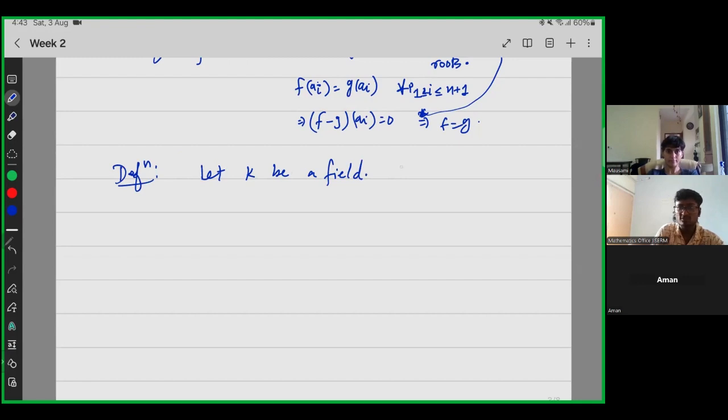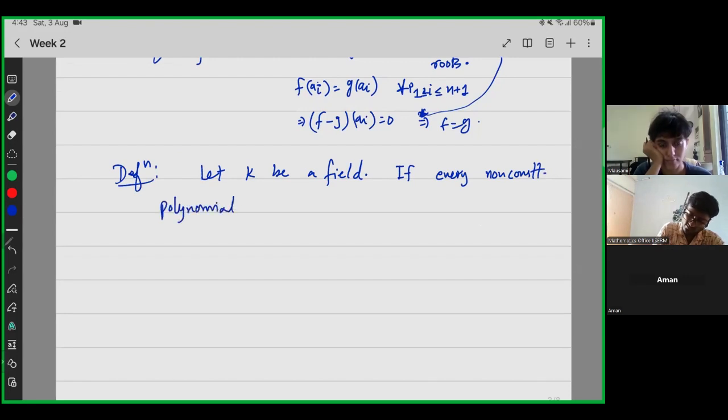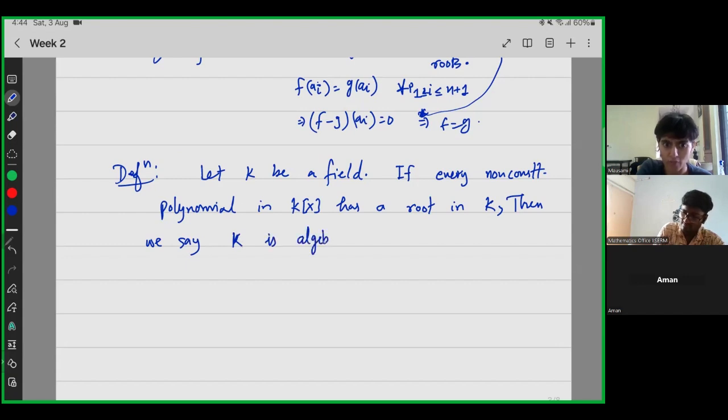If every non-constant polynomial in K[x] has a root in K, then we say K is algebraically closed.